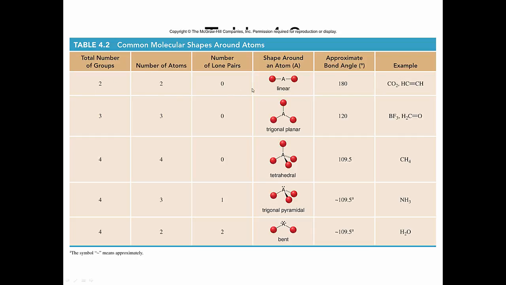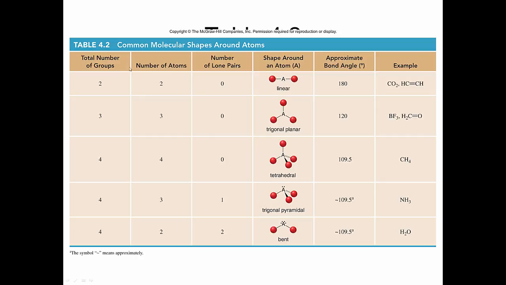Here is a table that will help us with this. Here we have a central atom, A, bonded to two atoms. In order for these two charge clouds to be as far away from one another as possible, they take on a linear arrangement. The bond angle is 180 degrees.